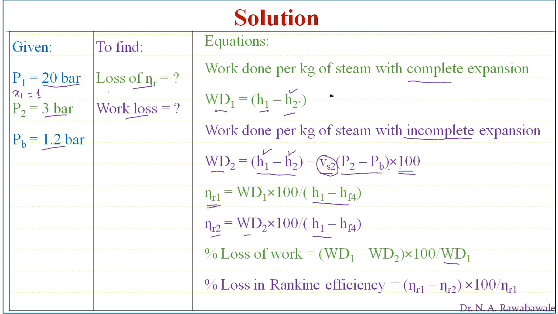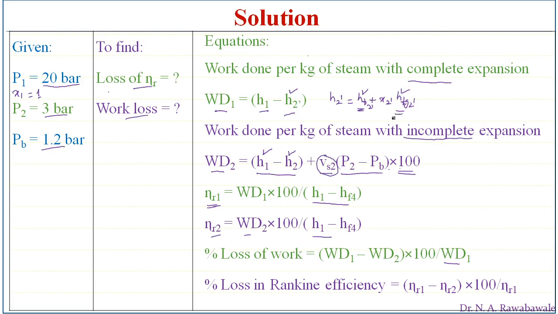Enthalpy at point 2 dash is H2 dash equal to HF plus X2 dash times HFG at point 2 dash. HF2 dash and HFG2 dash we know, because at a pressure of 3 bar we know HF and HFG.